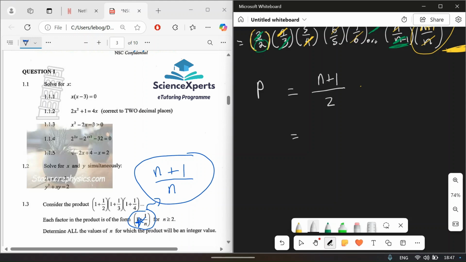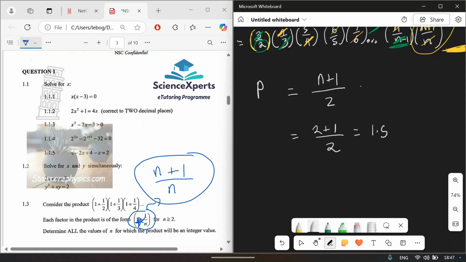We will have 2 plus 1 over 2, so that's 3 over 2. Is 3 over 2 an integer? 3 over 2 is the same as 1.5. This is not an integer, so it cannot be part of our solution.